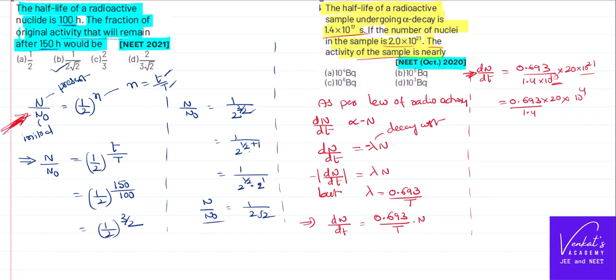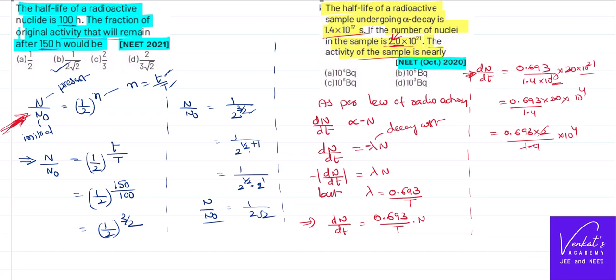This is 2.0, it's not 20, it was given in the problem as 2.0. So the answer is 0.693 into 2.0 by 1.4 into 10 power 4.